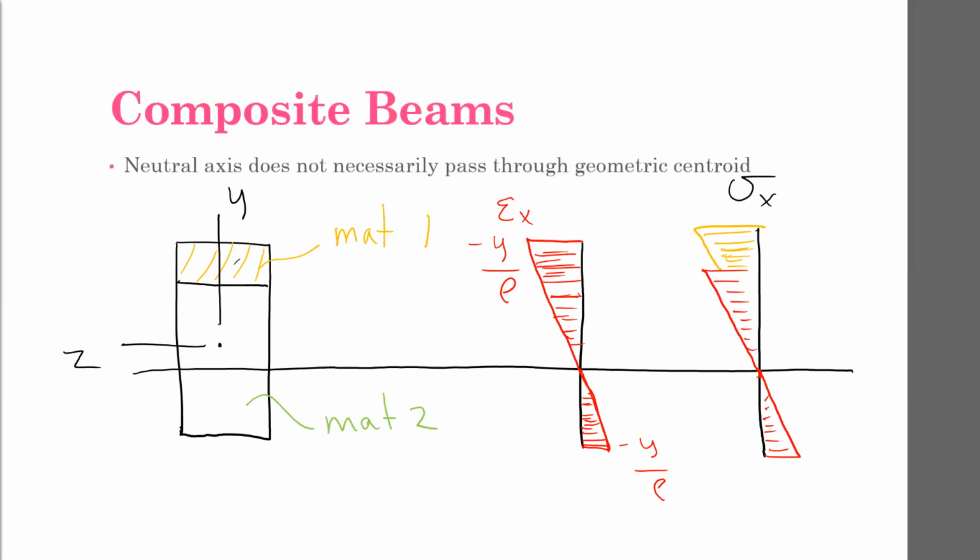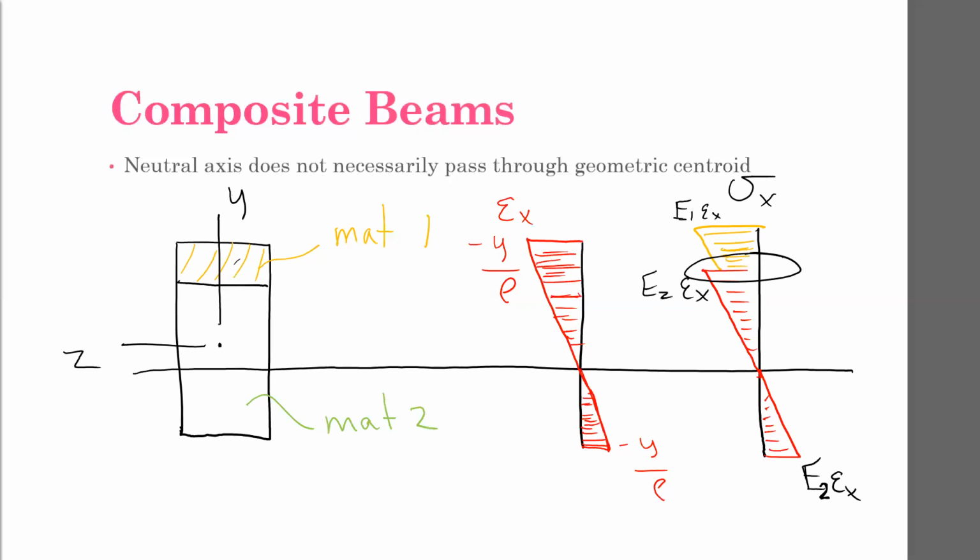So this is E2 times strain in the X, whereas this is E1 times strain in the X. And this here, of course, is E2 times strain in the X. So within a given material, you still have that linear distribution of stress, but there's a discontinuity where the materials change.